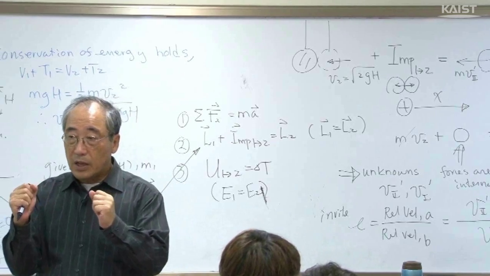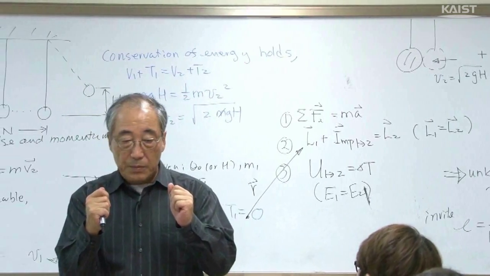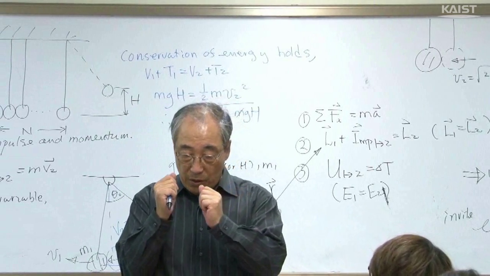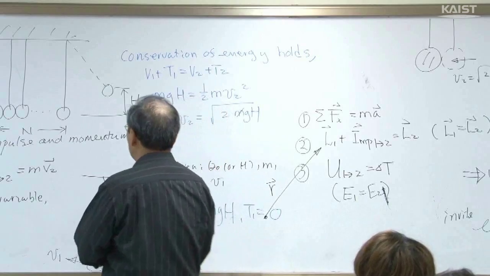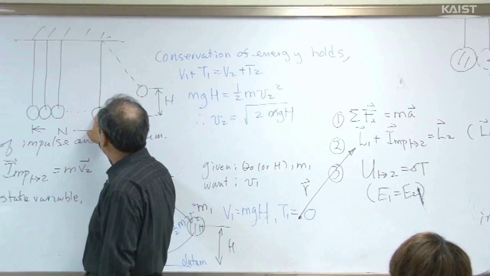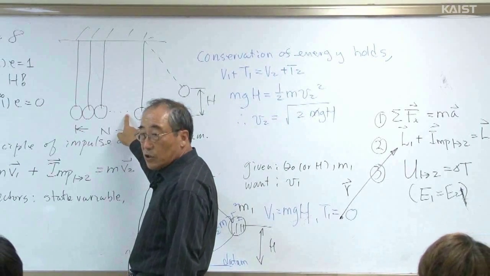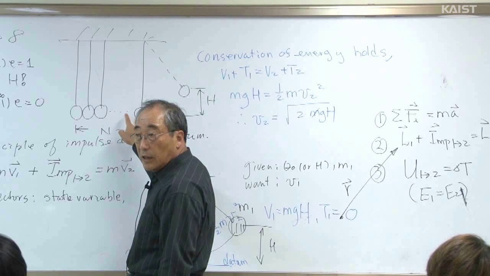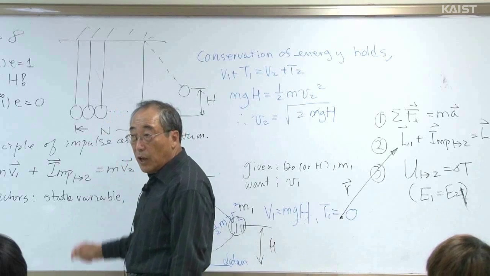That means what? So somebody says, because the relative velocity after impact is 0, therefore this one has a velocity of 1/2 of that velocity, and then 1/2 and 1/2 and 1/2.